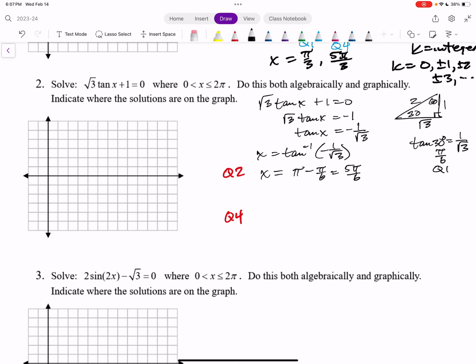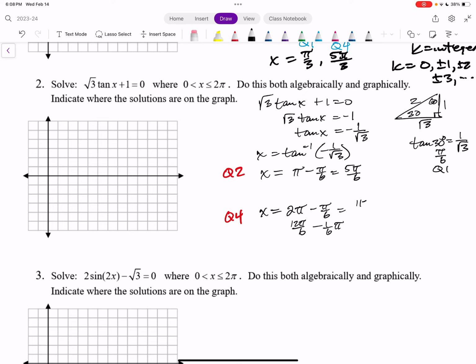And you can get from quadrant 1 to quadrant 4. The easiest way is to subtract the reference angle from 2 pi. So take 2 pi minus your reference angle, and you get, not 5 pi 6, sorry, you get 11 pi 6. This is 12 pi 6 minus 1 pi 6.